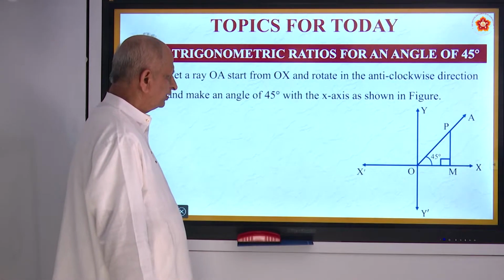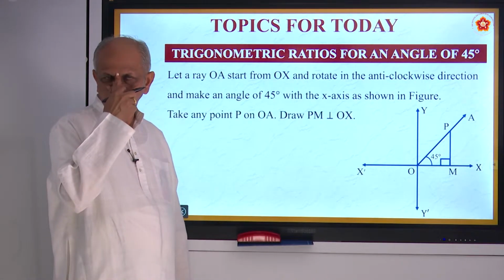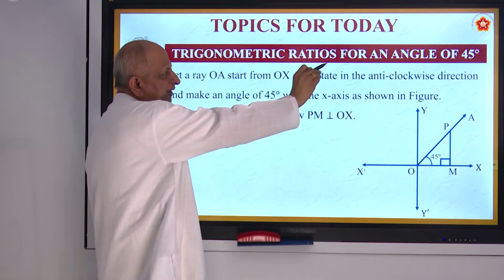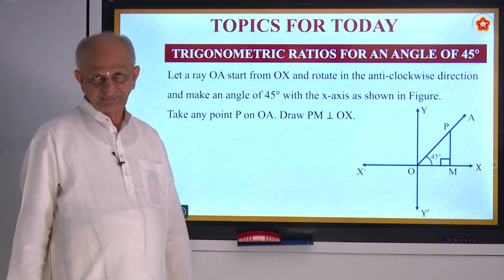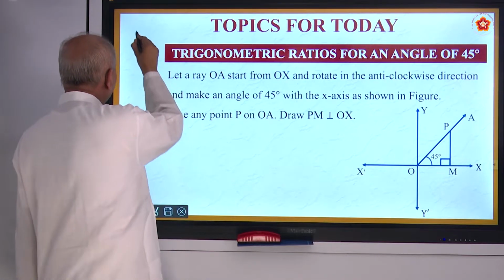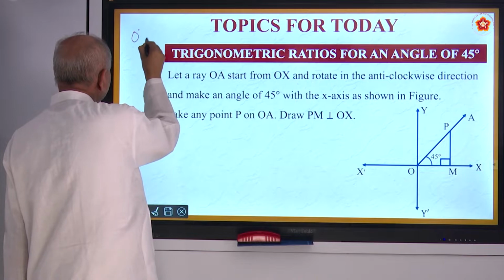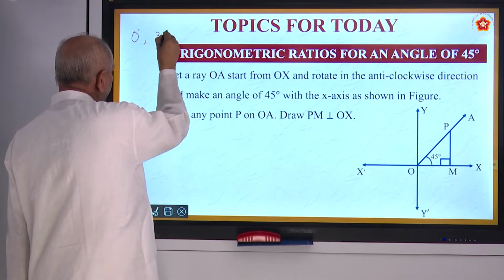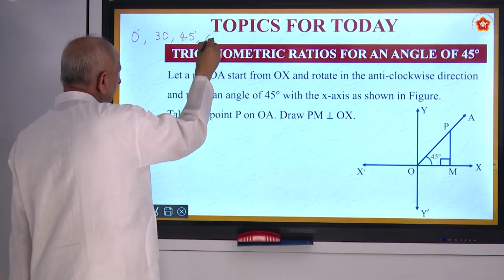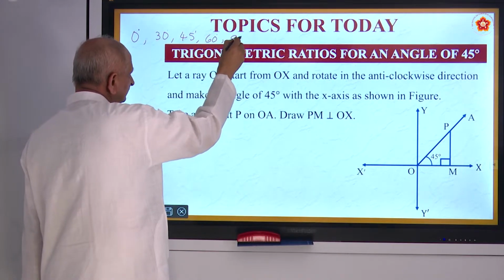Okay. Now what you are going to find out, the topic is trigonometric ratios for an angle of 45 degrees. They are called special angles. So angles like 0 degree, then 30 degrees, then 45 degrees, and then 60, and then 90.